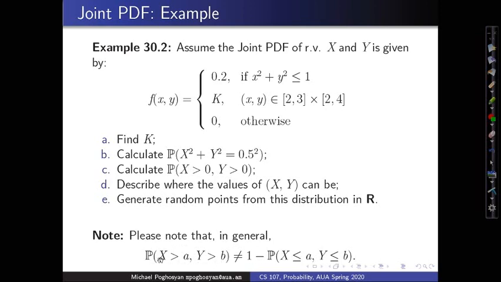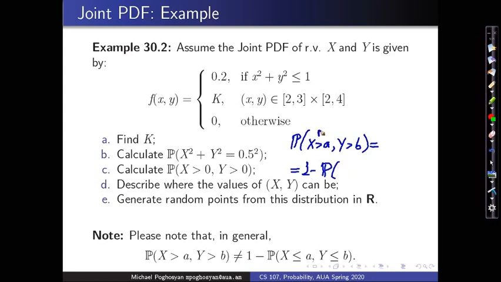So in general, the probability that x is larger than a and y is larger than b is not equal to 1 minus the probability that x is less or equal than a and y is less or equal than b. Why is that? Because for the probability that x is larger than a and, sorry, y is larger than b, if I pass to the complement, I will have the following.